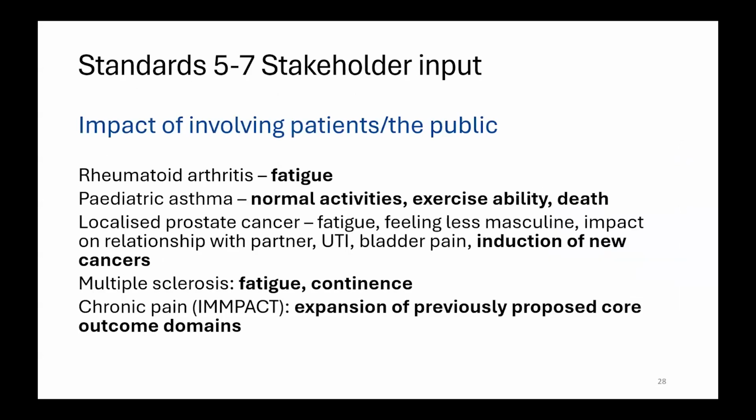So what impact do patients have? Well, we've got clear examples where including patients in the process has led to additional outcomes being included in a core outcome set. One of the big examples is rheumatoid arthritis, which is one of the successful core outcome sets, and the patient input led to fatigue being added. And there are examples for other conditions as well.